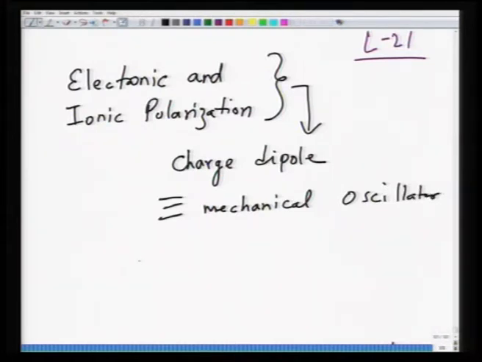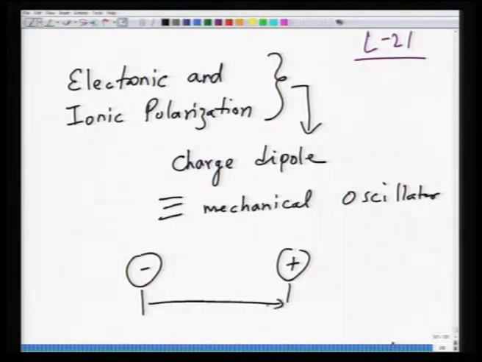Which means you have this negative charge, you have this positive charge, and we know that this is the distance delta between them. So, basically the center of negative charge and the center of positive charge are displaced by distance delta, giving rise to the creation of a dipole moment. And this charge dipole can be considered as a mechanical oscillator, where these two charges are attached to each other by a linear spring.